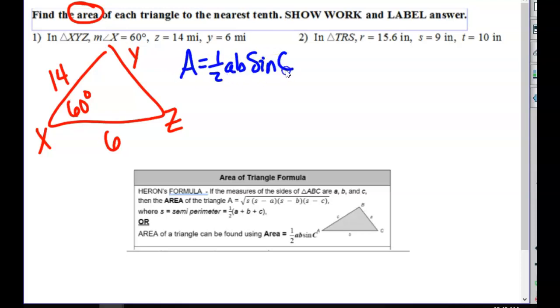So it's 2 sides and the sine of the angle included. So for our picture here, we have a 1/2, a 14, and a 6, and a sine of 60. So make sure you're in degrees and type that in. Can't stress enough that you should be typing today, because if something isn't working, we need to know about it.